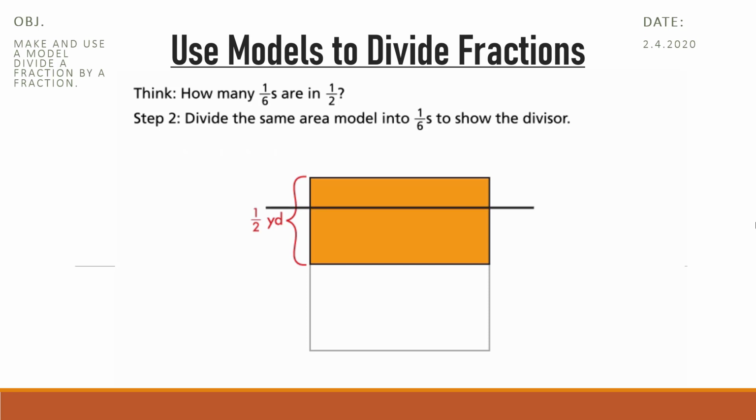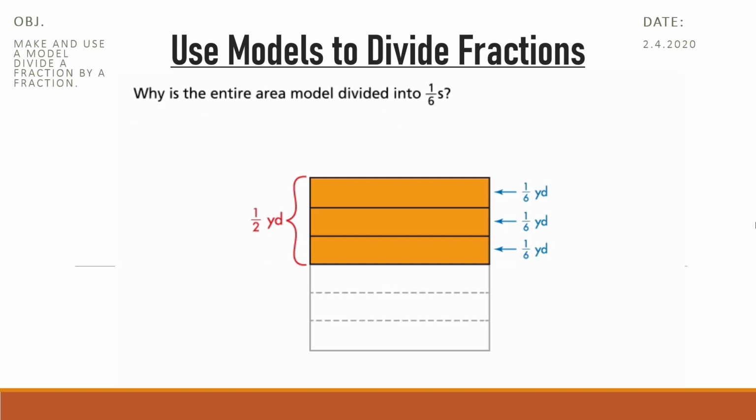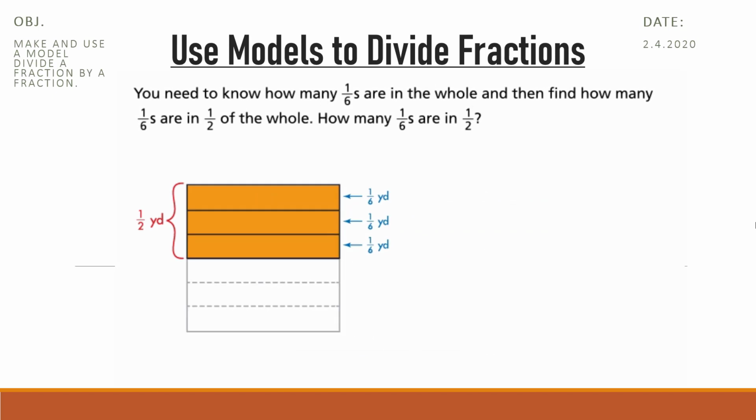Step 2. Divide the same area model into 1/6 to show the divisor. Why is the entire area model divided into 1/6? You need to know how many 1/6 are in the whole and then find how many 1/6 are in 1/2 of the whole.